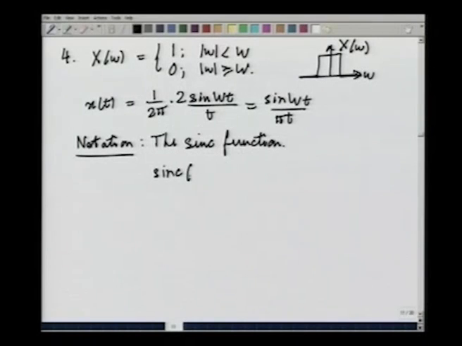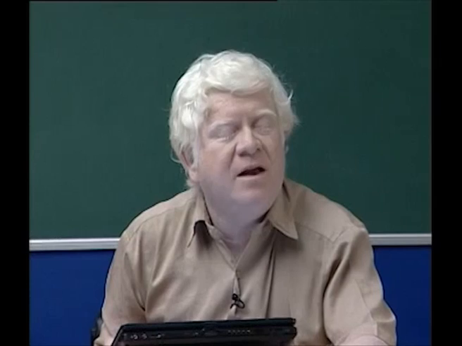Sinc(x) is given by sin(pi x) divided by pi x. Now, with a definition of this sort, you can see that the last two examples can be written in terms of the sinc function, because they have sin of something divided by something else.